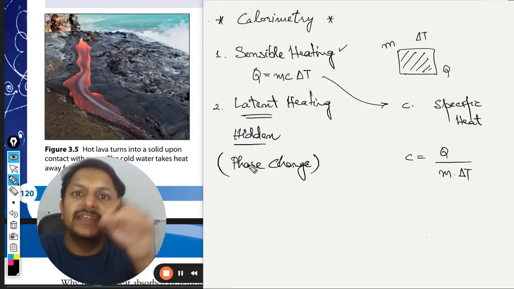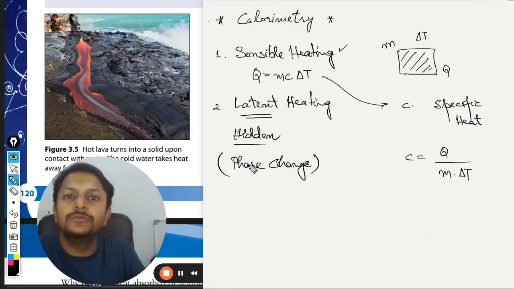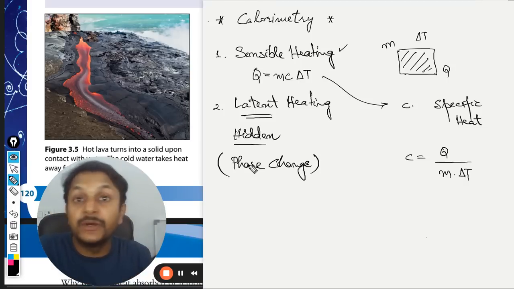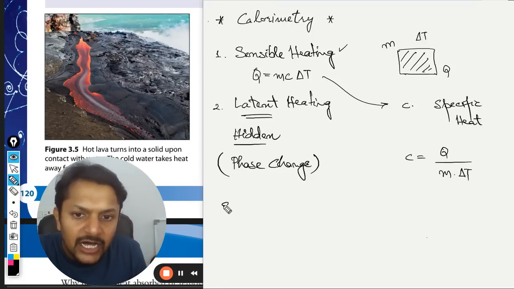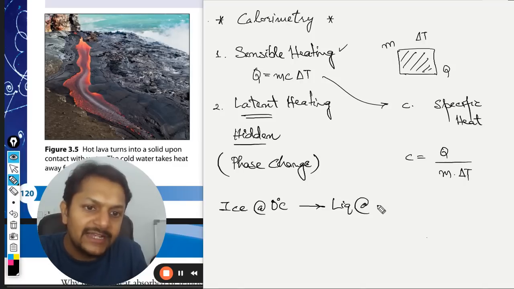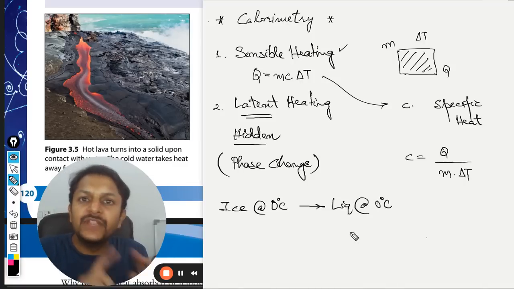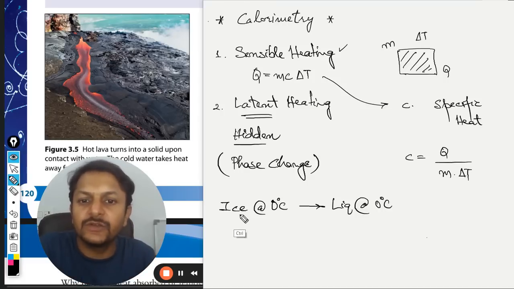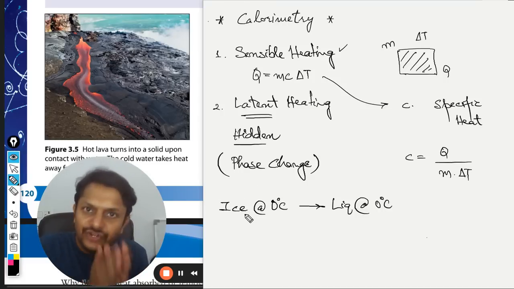You are providing heat to it, solid is converting to liquid. You provide heat to the liquid, liquid is converting into gas. But the temperature change is not there. If we take the example of water and ice, ice at 0 degrees C is converted into water, or liquid, at 0 degrees C. The temperature is not changing, but still you are breaking the bonds. Here it was ice, solid, the structure was there.